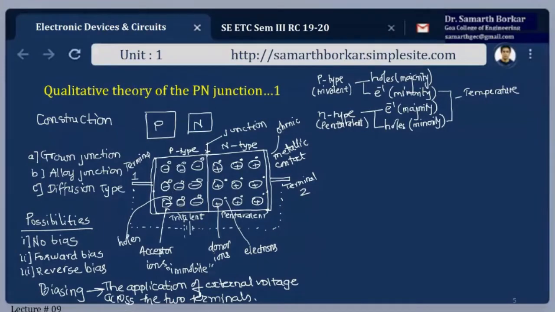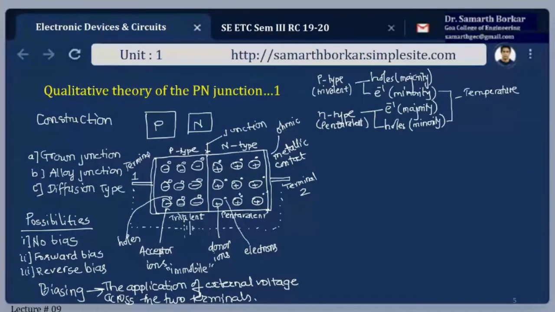And so we have this movement of charge carriers through a cross-sectional area A. This is normally a cylindrical body which will have a cross-sectional area A. Whenever we have this movement of charge carriers, holes as well as electrons, across the area, it is referred to as current.